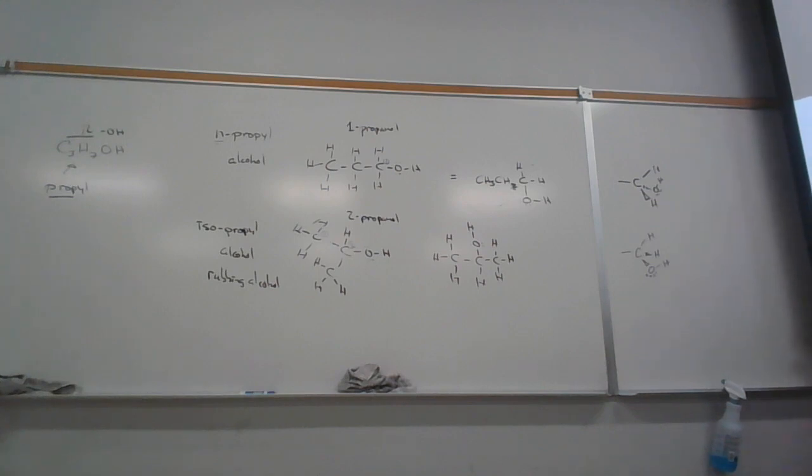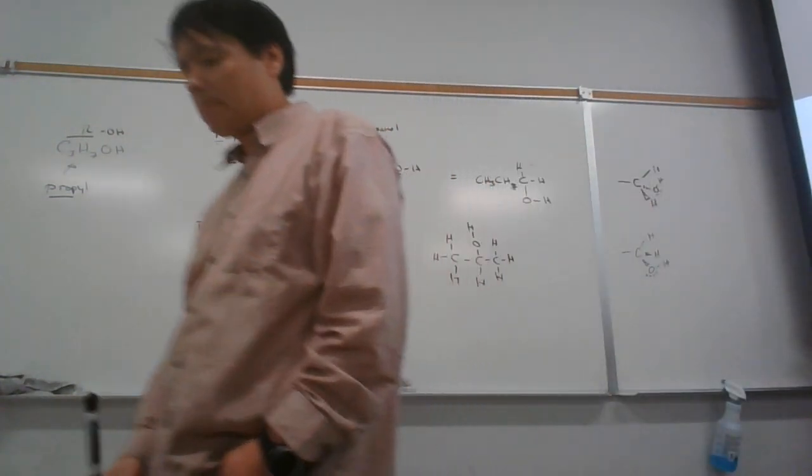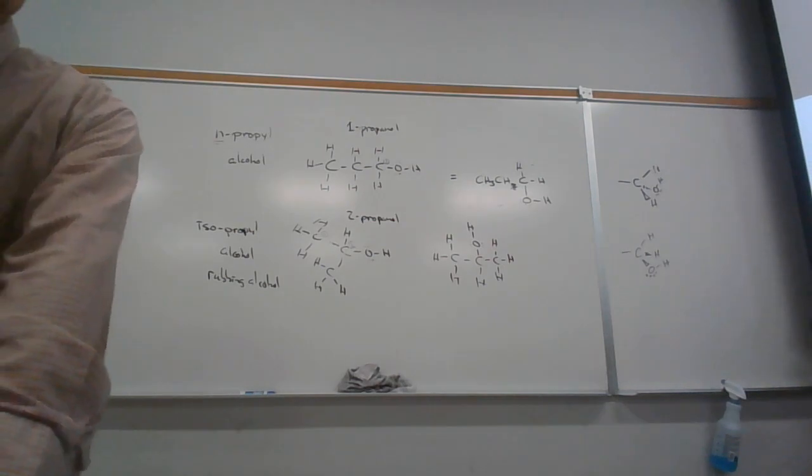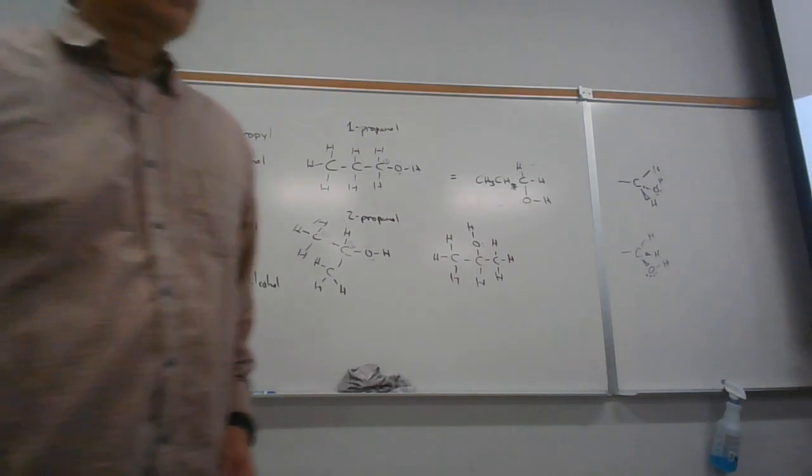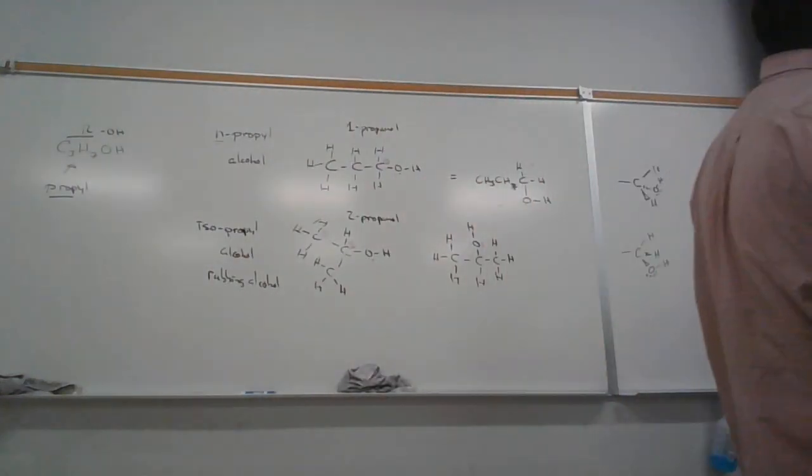Sulfur, since it's third period, can expand. If you're in the third shell, or the third row in the periodic table, you can expand. So that's some functional groups here.